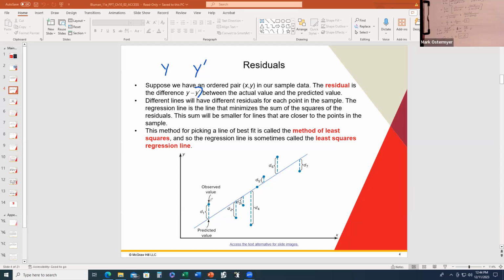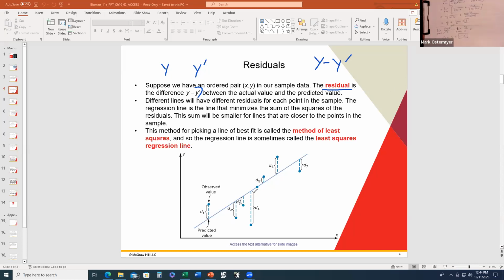You can see that some of these points are very close to this best fit line or this regression line, whereas some points are quite far away from it. But if we look at the difference that exists between the predicted y values and the actual y values of each of these points, those differences are called residuals, okay? So a residual is the difference between the actual y value and the predicted y value if you were to use your best fit or regression line.